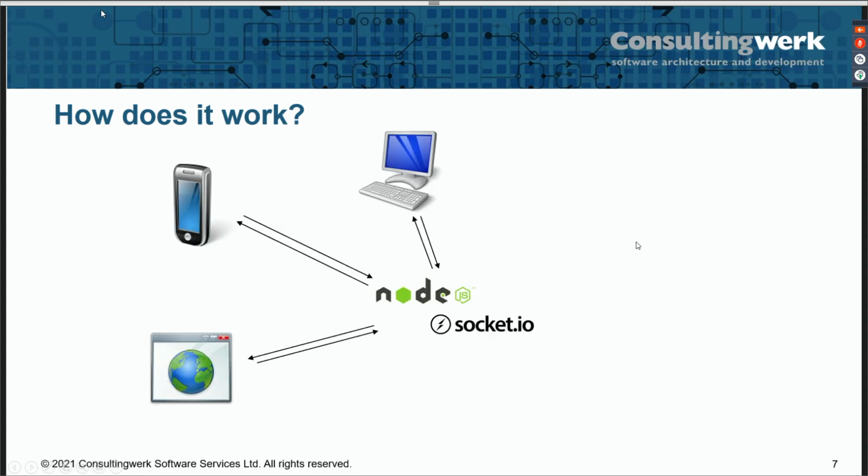Typically, this is what a Socket.io enabled application would look like. So you have your various clients. Could be a desktop application, mobile application, web application, all connected to a Node.js backend that also has Socket.io installed and is using it.